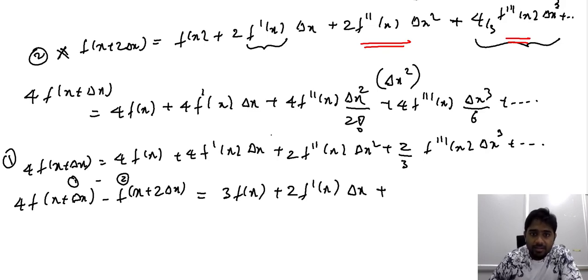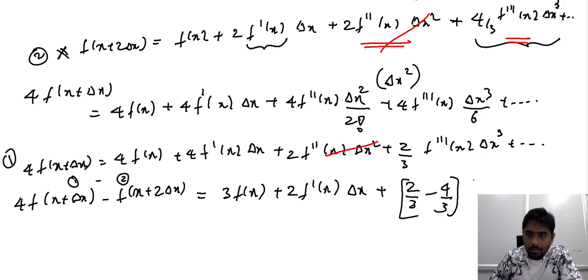Then these two terms get cancelled out like we desired, and the third term would be 2 by 3 minus 4 by 3 f triple prime of x delta x cube.